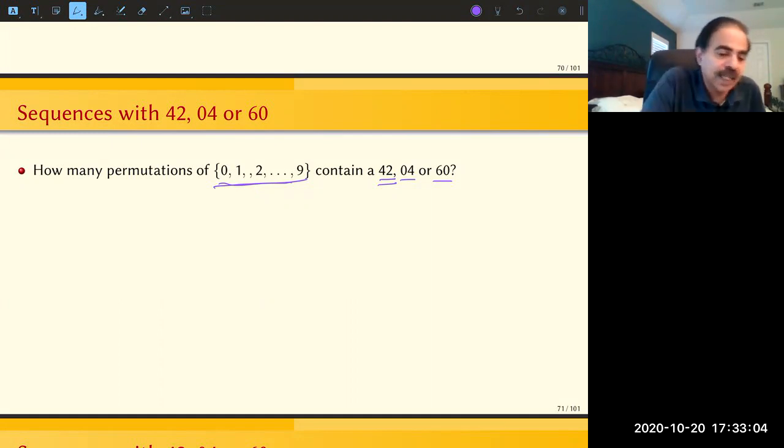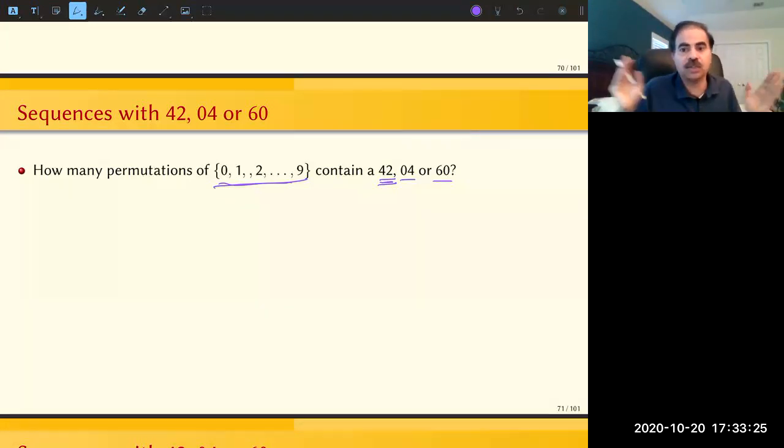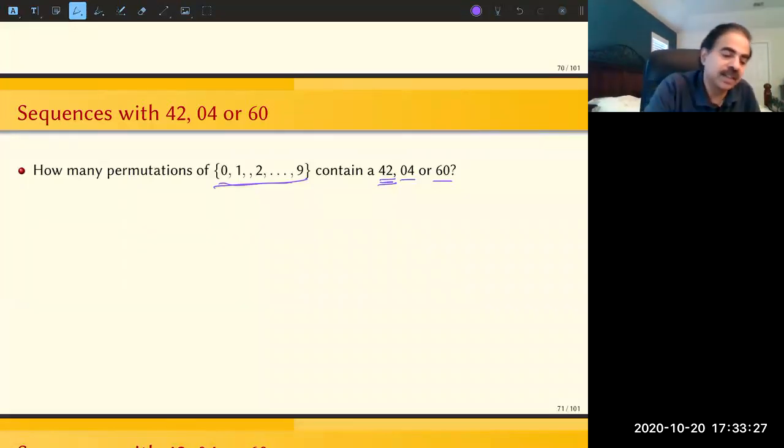So the way you do that is fairly simple. You say, if it has to contain a 42, then I'm going to fuse 4 and 2 together, and consider it as if it's a single digit. So the rest of the digits can go anywhere, but 4 and 2 need to occur together. So instead of thinking about 10 digits, I'm going to think about just 9 digits, because I have glued together 4 and 2.